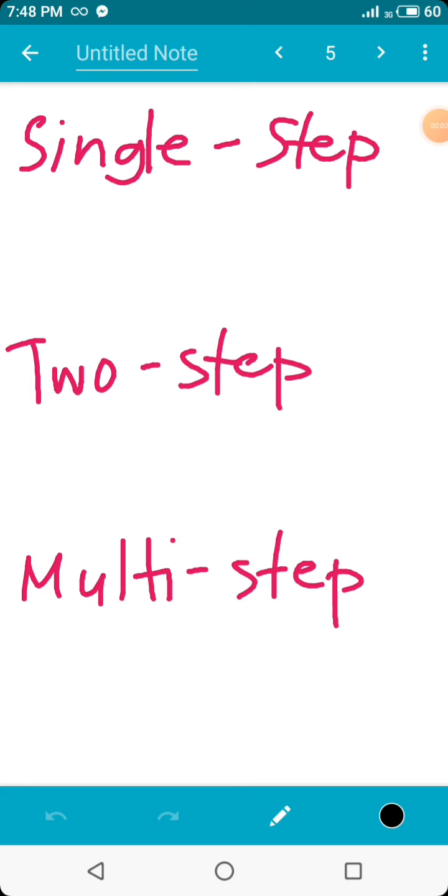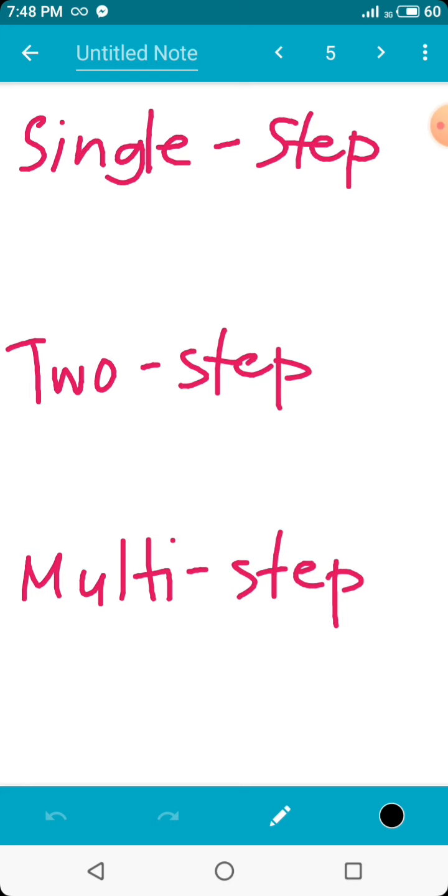Alright, so meron tayong tinatawag na single step, two-step, or multi-step to get the value of the variable. Okay? So, pag sinabing single step, ito na yung naging example natin. Na isang step lang. So, ginamitan lang natin ng addition property, or subtraction property, or multiplication property, or division property. Alright? So, isa lang.